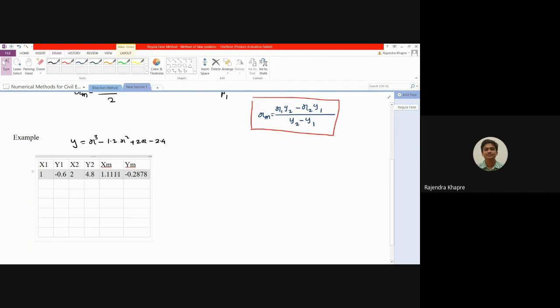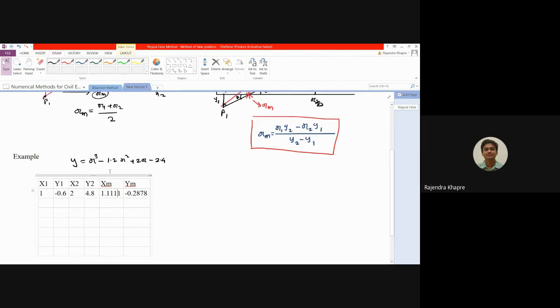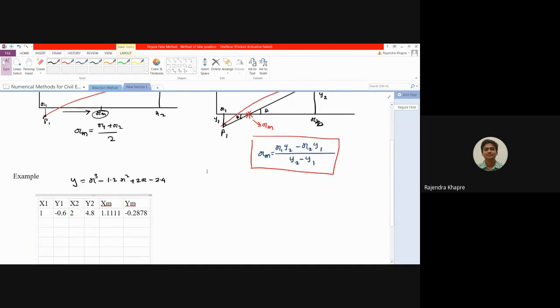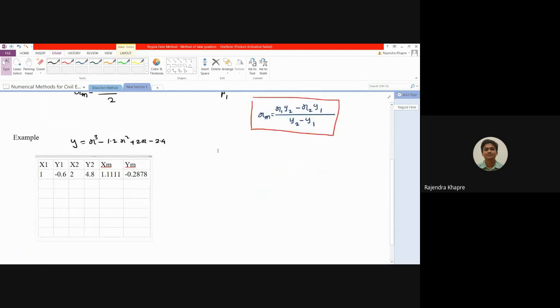So you see this method is fast compared to the bisection method. And why is it faster? Because we are assuming a straight line relationship between p1 and p2, and then we get the value of the intersection. Now you see, here the value of ym is negative.